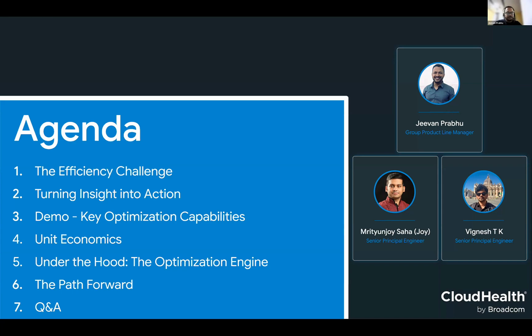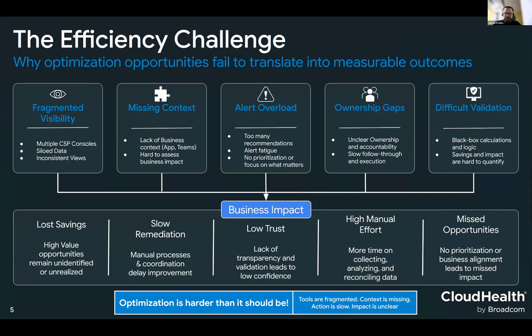I'll start with the problem space, which I call an efficiency challenge because there are a lot of areas which make this harder than it should be, starting with fragmentation. Since the footprint is multi-cloud now, if you have to get a cohesive view, you would have to go to all the CSP consoles, let's say AWS, Azure, and GCP, and each of them has its own way of representing data.